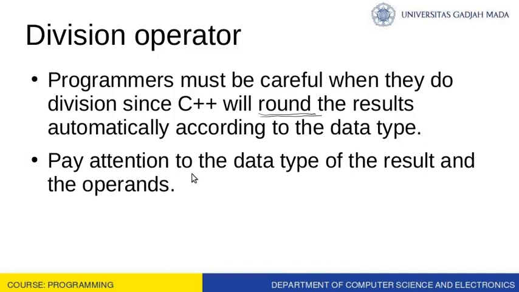So you have to pay attention, especially to the data type. The problem comes from the data type. So you have to use the correct data type when you use the division operator, else you will have rounding automatically, and you don't know that C++ does this rounding. So the result will be different from your intention.